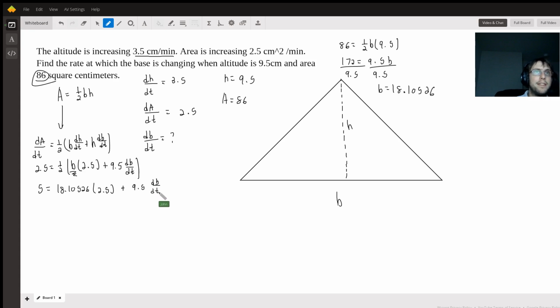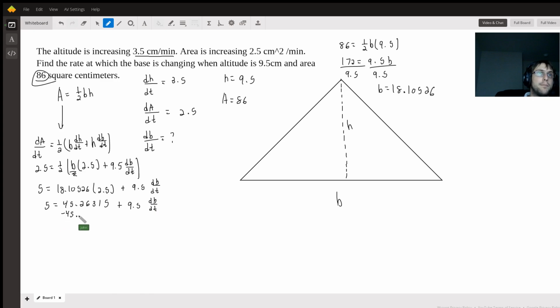I'm going to multiply that out. 18.10526 times 2.5 is 45.26315, plus 9.5 dB/dt.